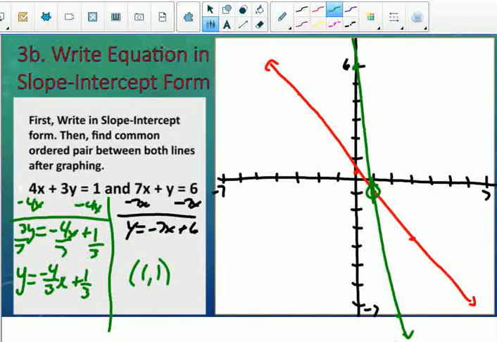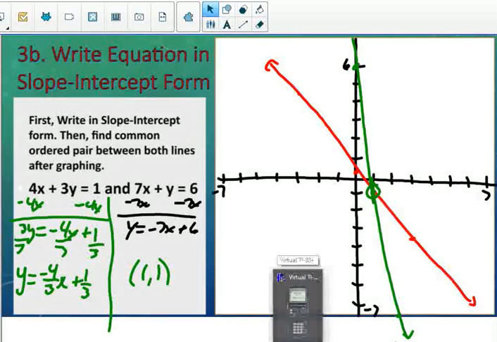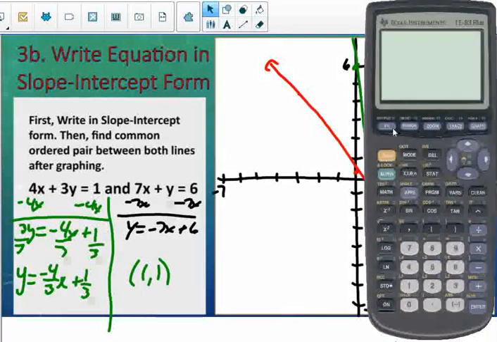But to double check this one, because we have a fraction, we can use our calculator. The next slide will show you how to use a calculator, but we'll do this one as well. So I hit the y equals button. I'm just going to type in my equations in slope-intercept form.